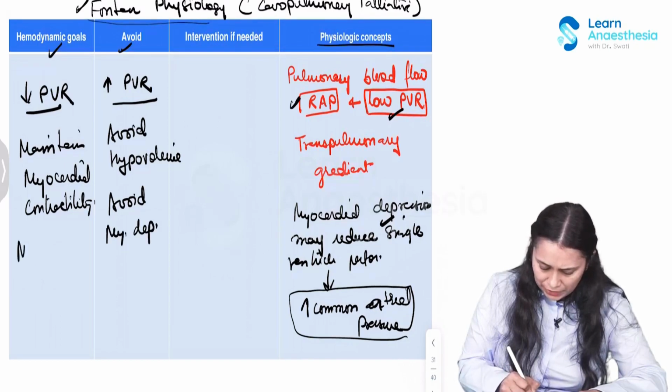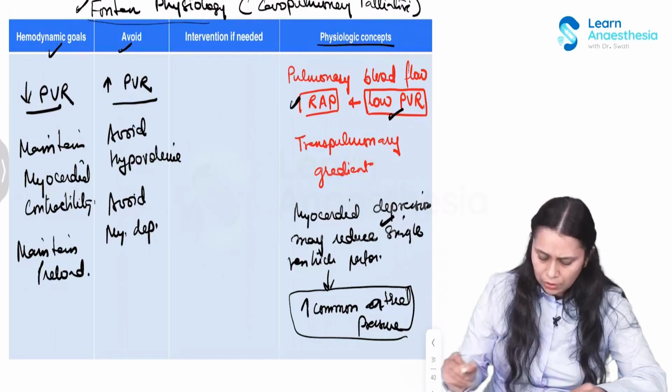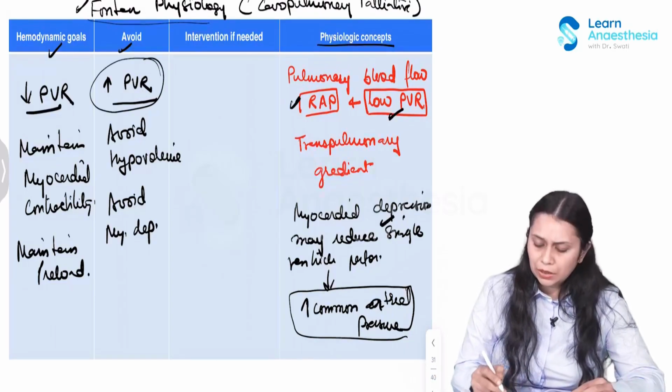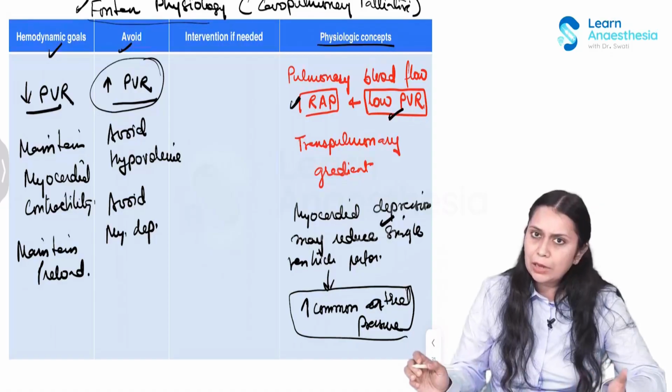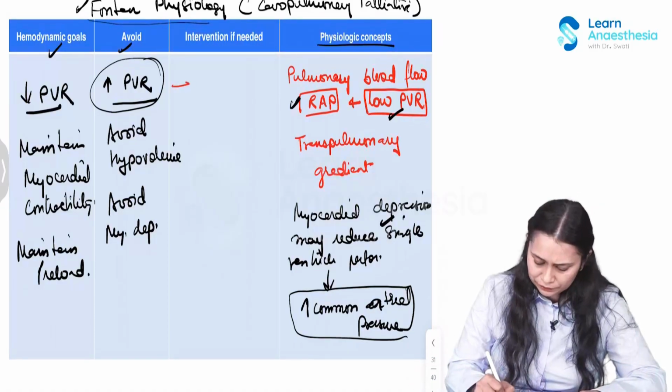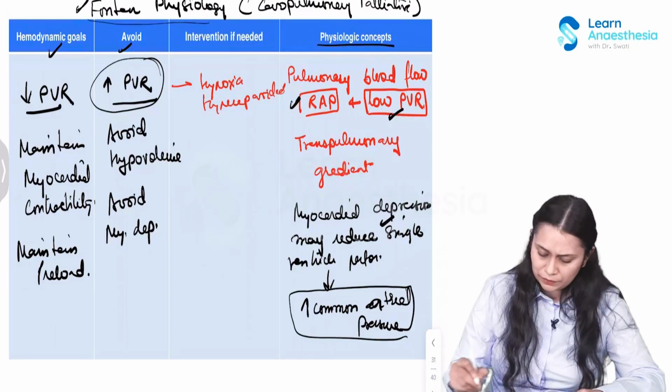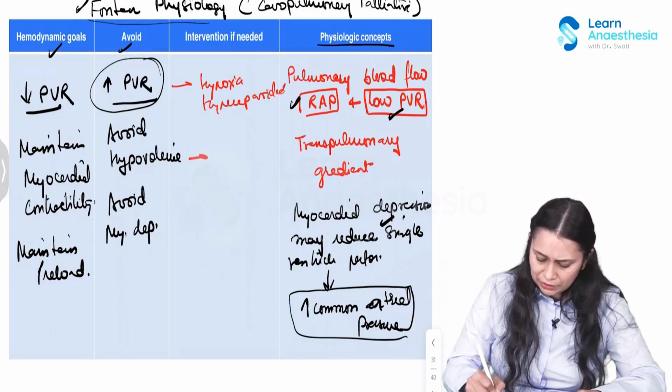So we need to maintain the preload. Okay. To prevent the increase in PVR, hypoxia and hypercapnia should be avoided. Any sympathetic stimulation should be avoided. Then we need to maintain the volume.